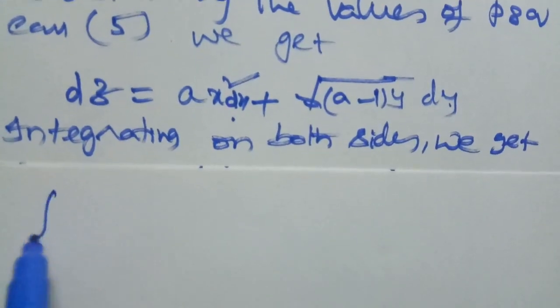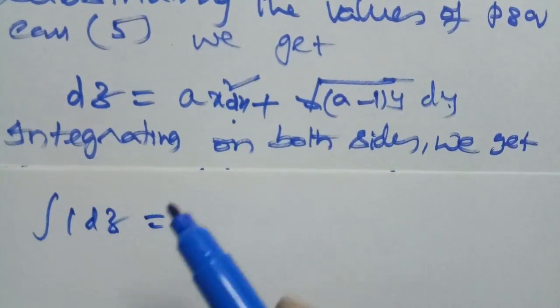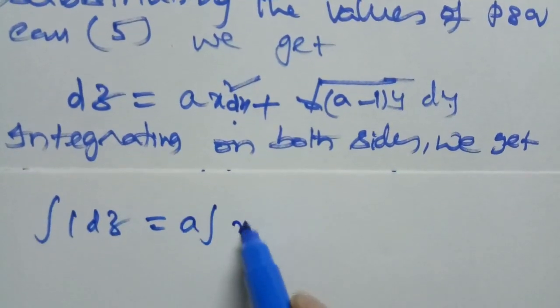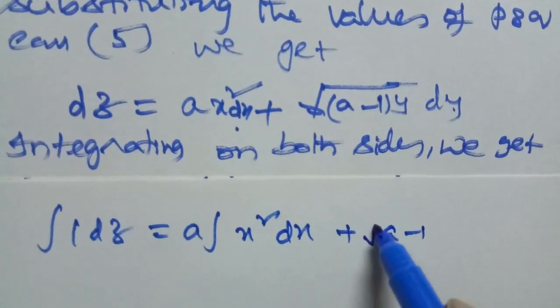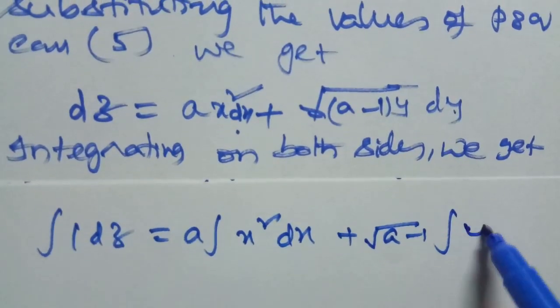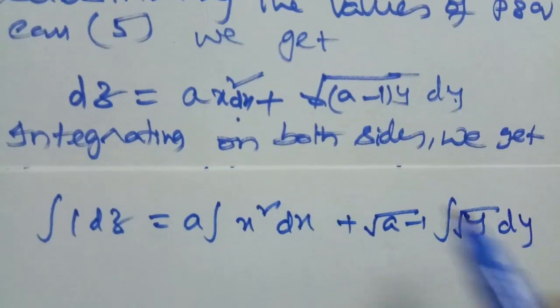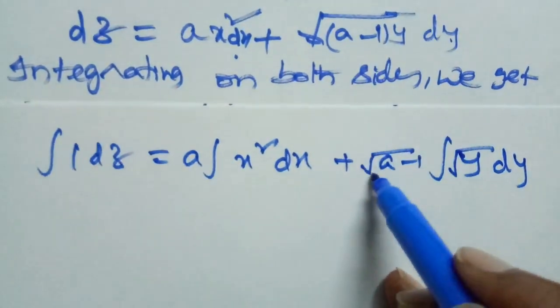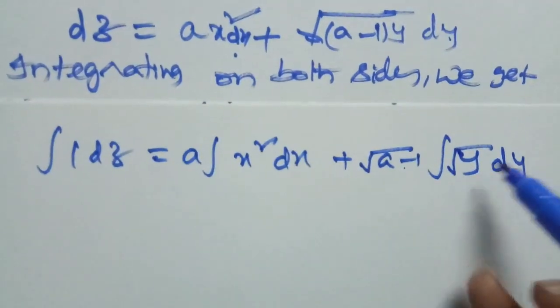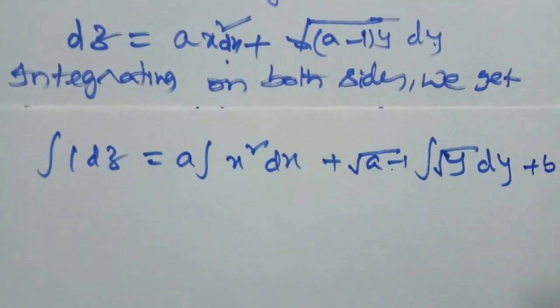Integration of 1 dz is equal to integration of a, a constant, x square dx plus root of a minus 1, a constant, into square root of y dy, plus a constant of integration.